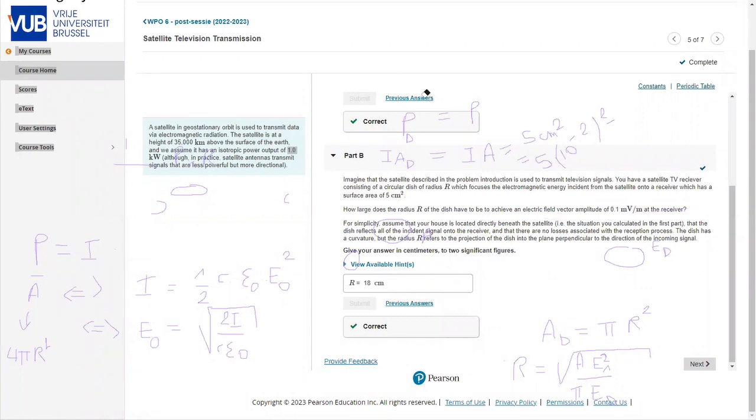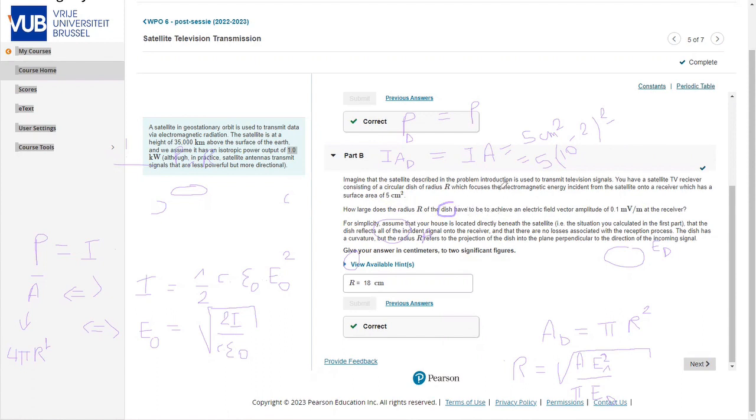So what you have to do here is basically, like I said in the very beginning, you have to search for different information. I get a new area from a satellite, and then they say also that you have a disk. That's what I read here, my dish, my disk.